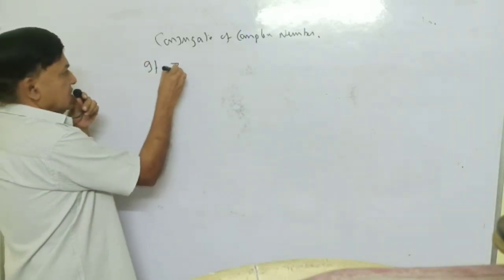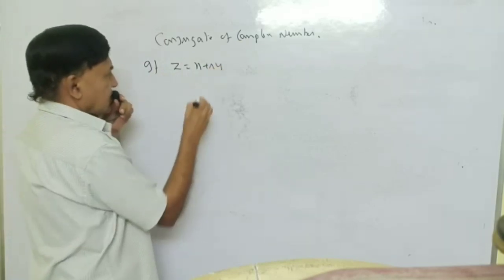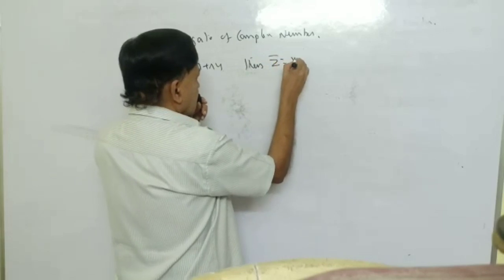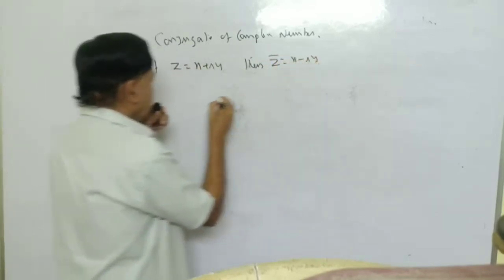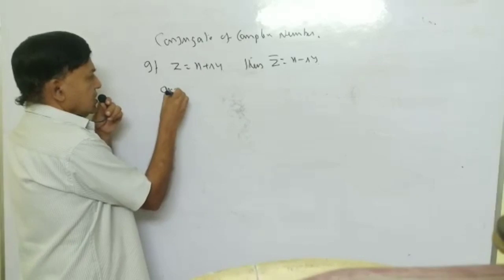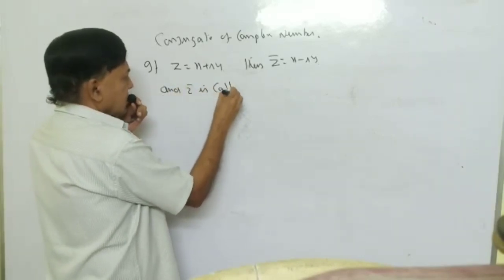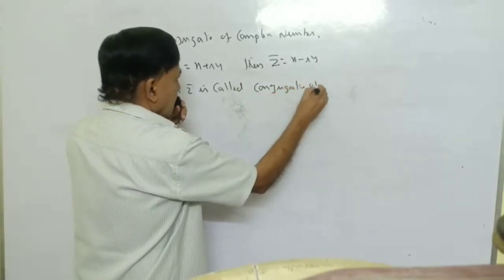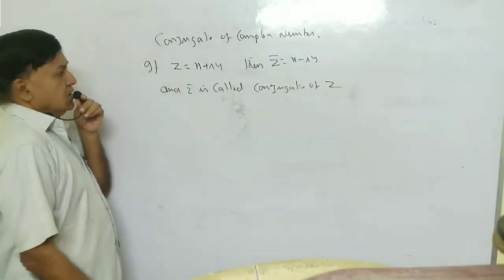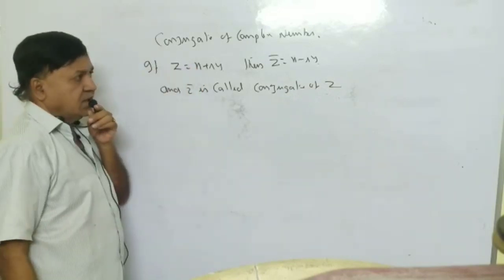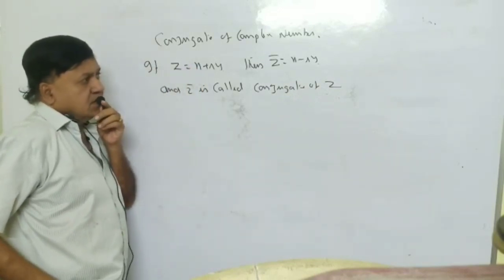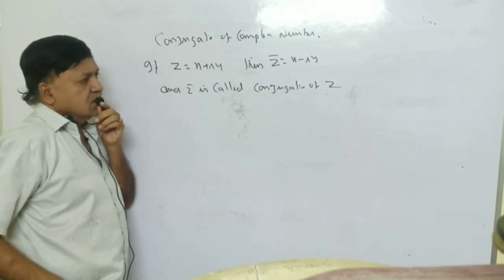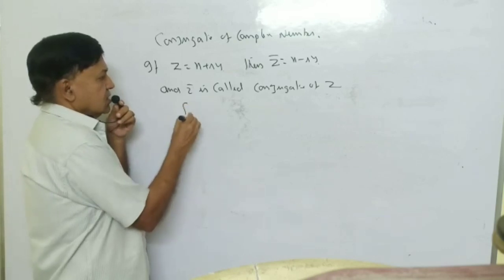If z is equal to x plus iy, then z bar is equal to x minus iy, and z bar is called the conjugate of z.